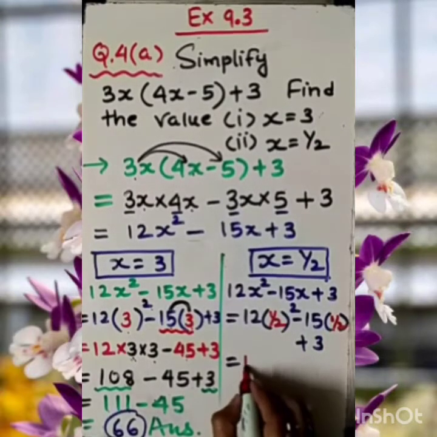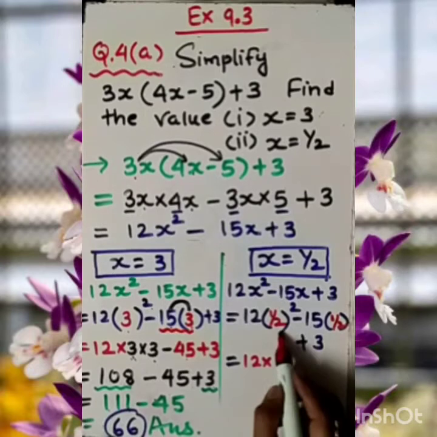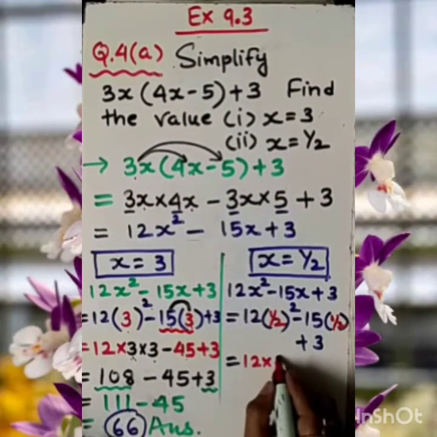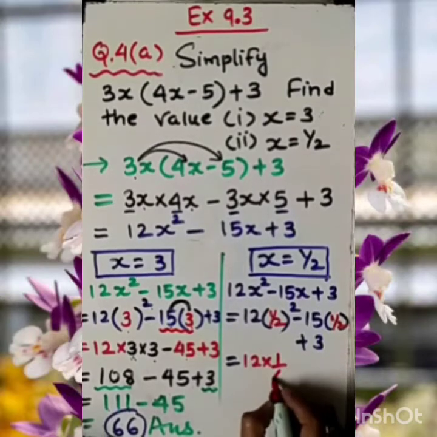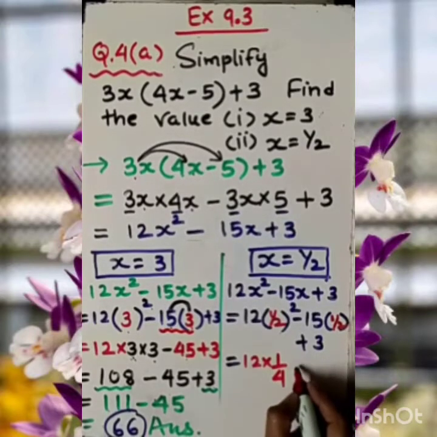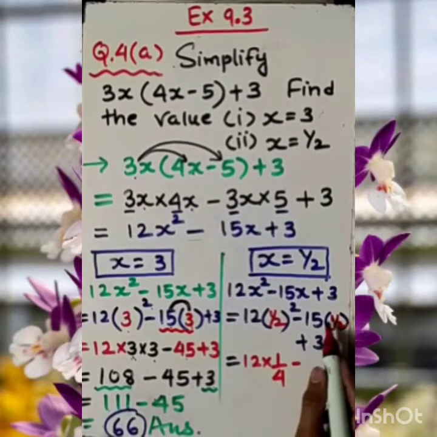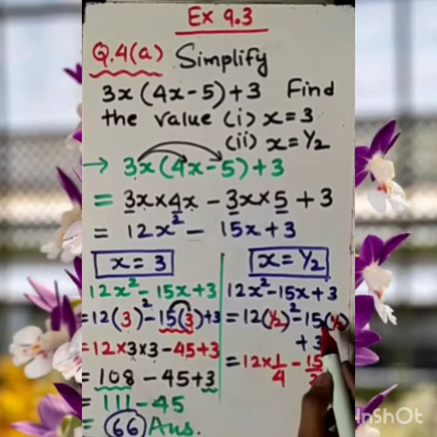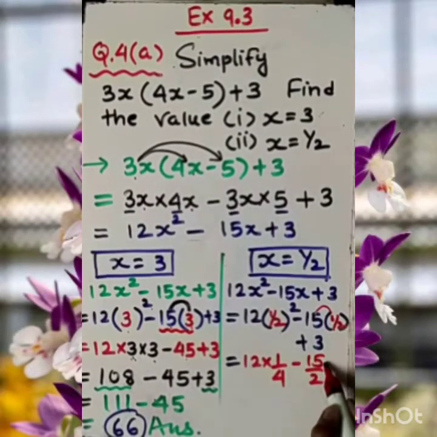So 12 is already there. We know 1/2 whole square is 1 by 2 into 1 by 2. So can I say it is 1 by 4? 1 by 2 into 1 by 2 gives 1 by 4, minus 15 times 1 is 15 divided by 2, and plus 3.